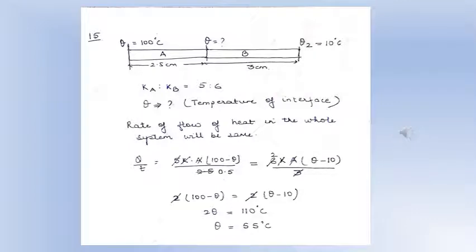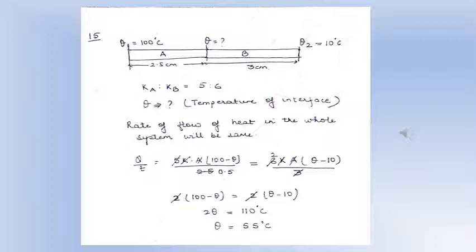The ratio of their conductivities is 5:6 respectively. If the outer surfaces are at constant temperatures of 100 degrees Celsius and 10 degrees Celsius, then we have to calculate the temperature of the interface.